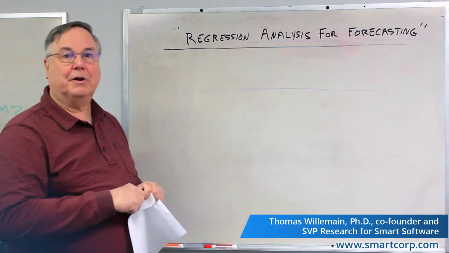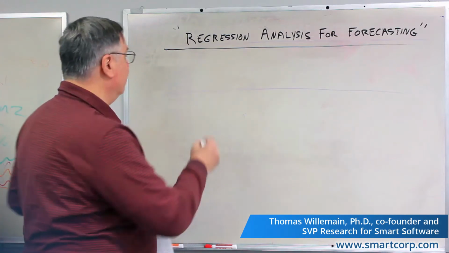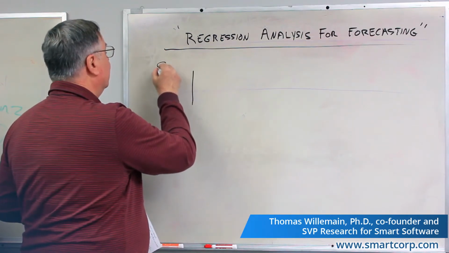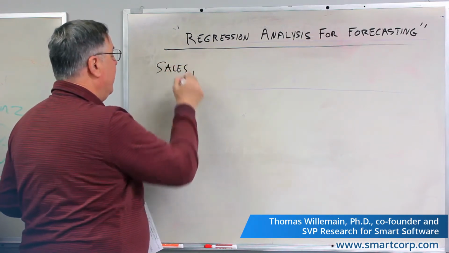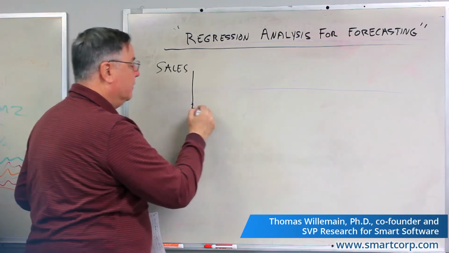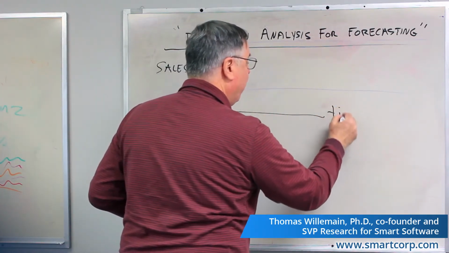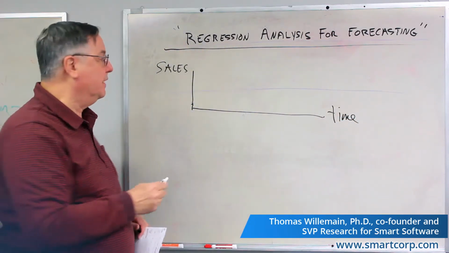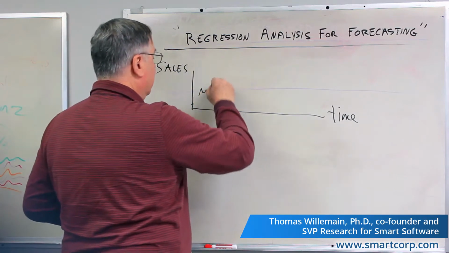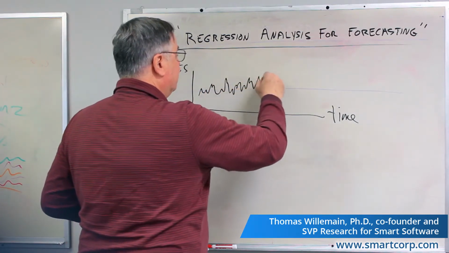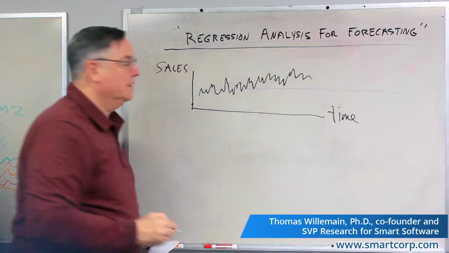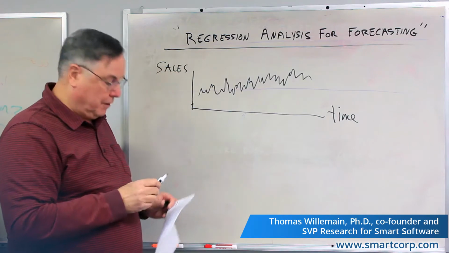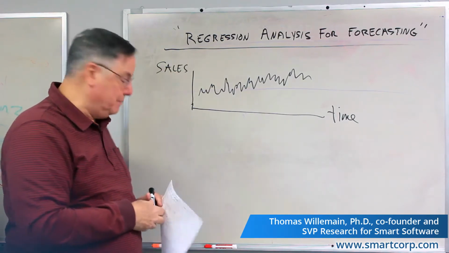So let me sketch out a typical forecasting problem. There will be some variable of interest. Maybe it's sales. And we have a record of that over time. So we have a record, say, of demand for a product over time. And the data may look something like this. So it's very random looking. And the time series methods are aiming at a very simple description of this.